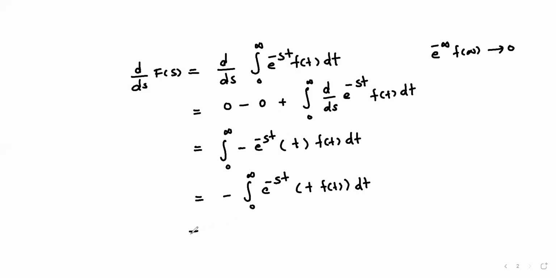And you know that this is equal to minus the Laplace transform of t f of t. It means that the derivative of the Laplace transform is equal to minus the Laplace of t f of t.